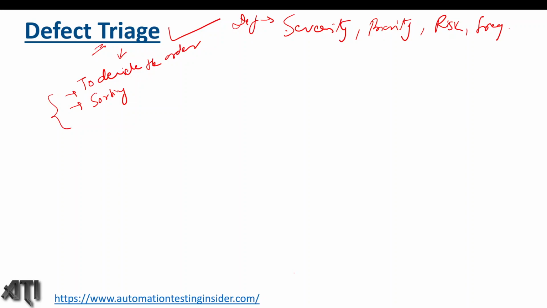Basically, in defect triage, we prioritize the defects based on severity, like how bad the defect is. We have already spoken about severity and priority in a previous video, so please go and watch that video if you haven't watched it. We talk about severity because we decide the severity while logging the defect, right?